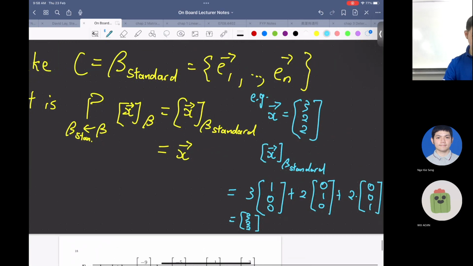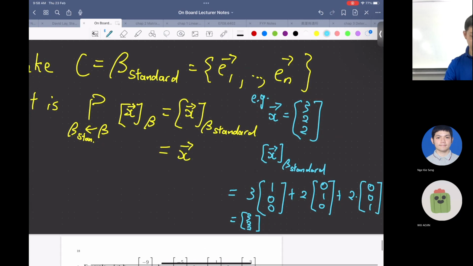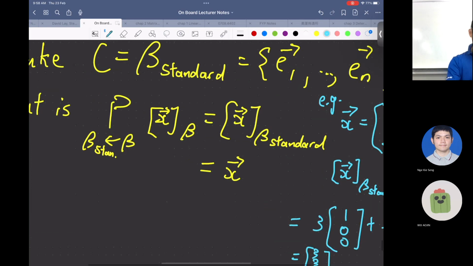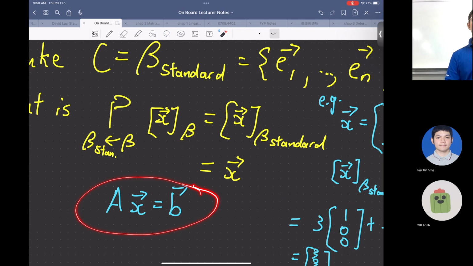Okay, so why am I doing this? Because in the first week we are focused on solving this kind of matrix equation, right?